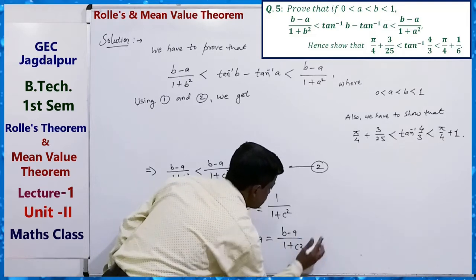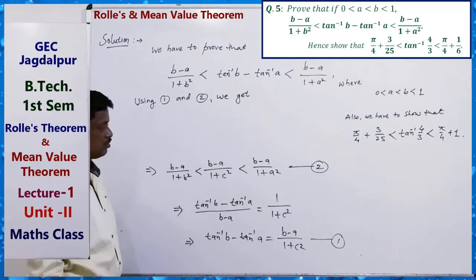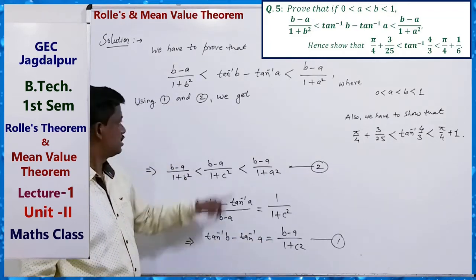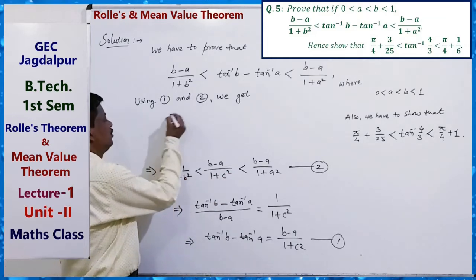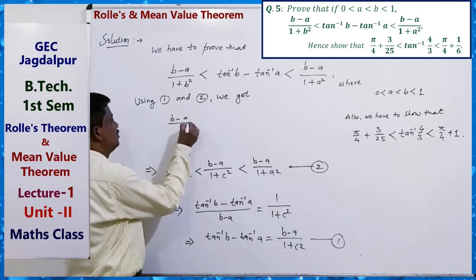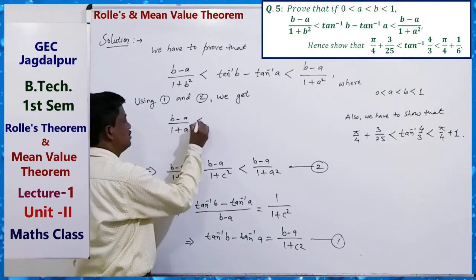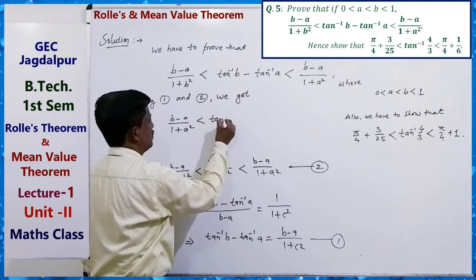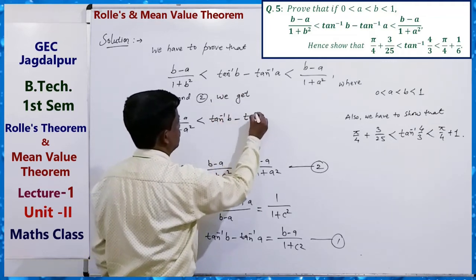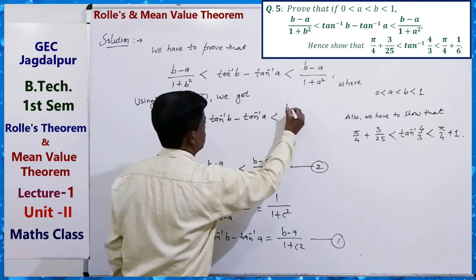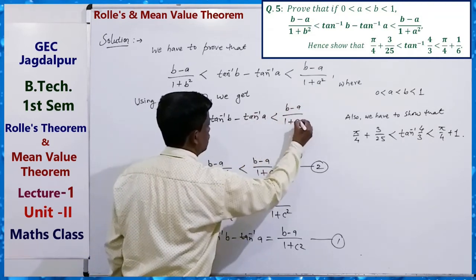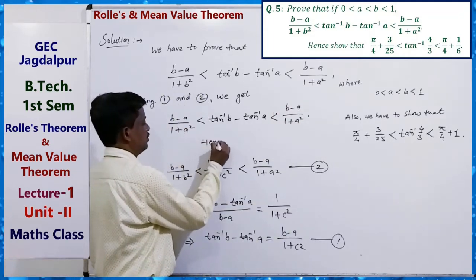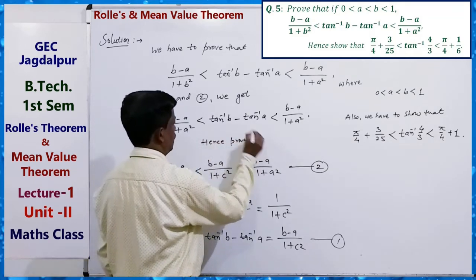This is equation 1. Using equations 1 and 2, b minus a by 1 plus c square can be replaced here. We get b minus a upon 1 plus b square is less than tan inverse b minus tan inverse a, which is less than b minus a upon 1 plus a square. Hence proved. The first part is proved.